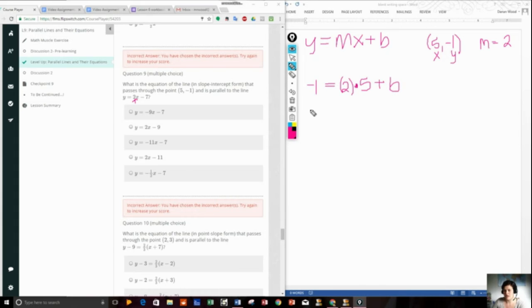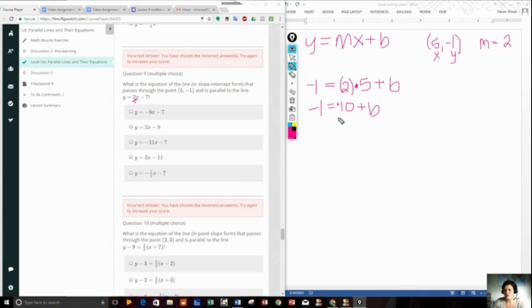So we have negative 1 is equal to 2 times 5 is 10 plus b. Alright, to solve for b, I want to be able to move that 10 to the other side. So the 10 is being added, and how I know that is because it's a positive 10. There's not a negative sign in front of it.